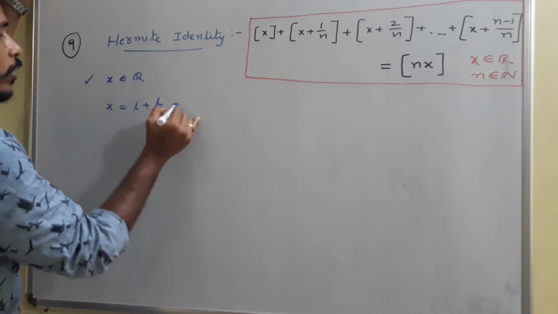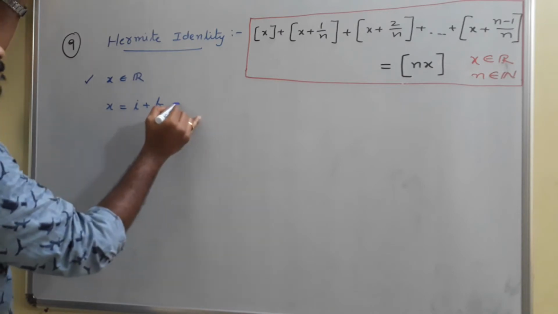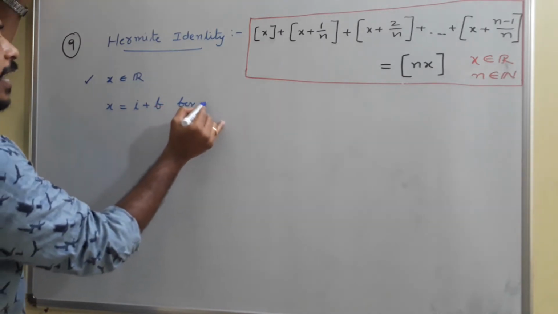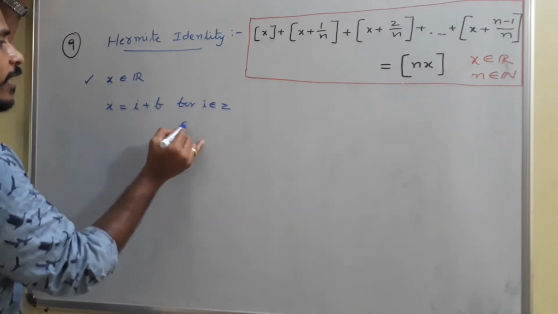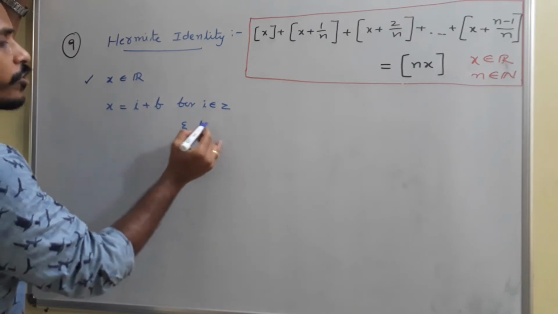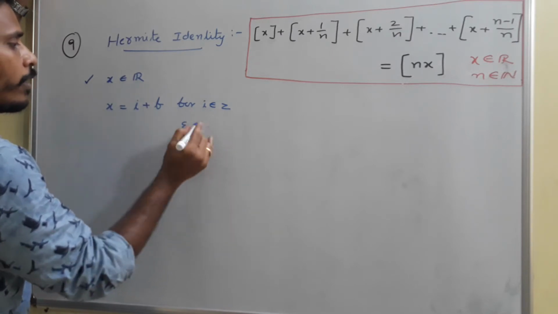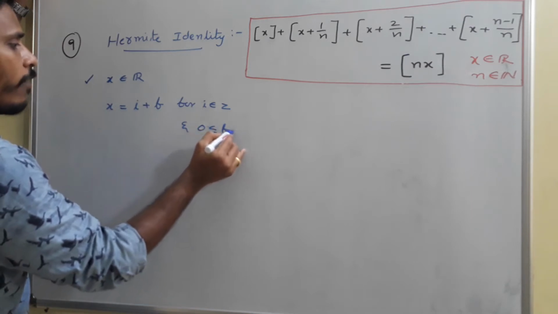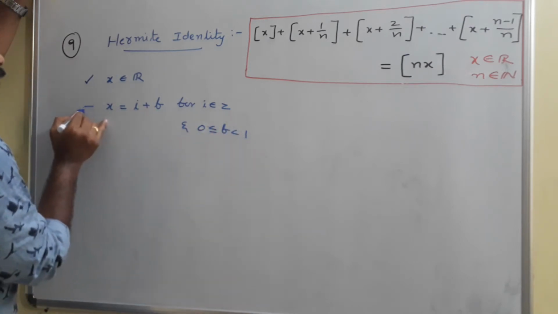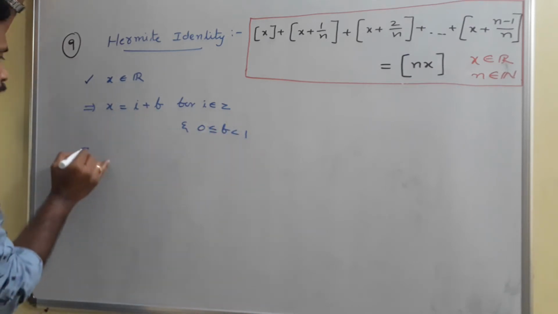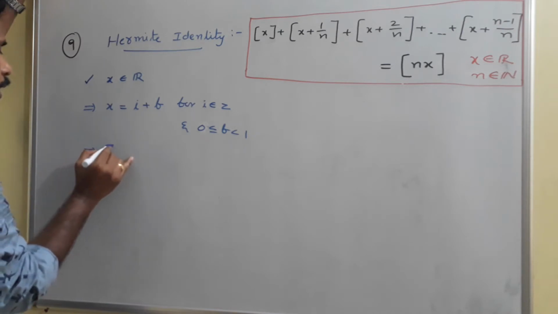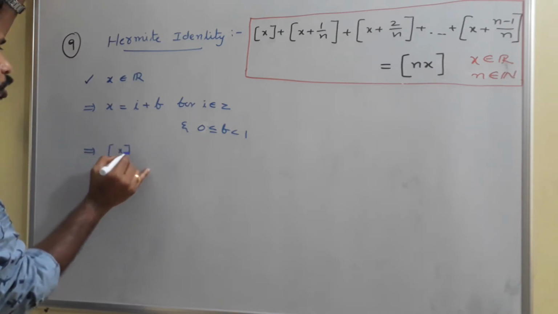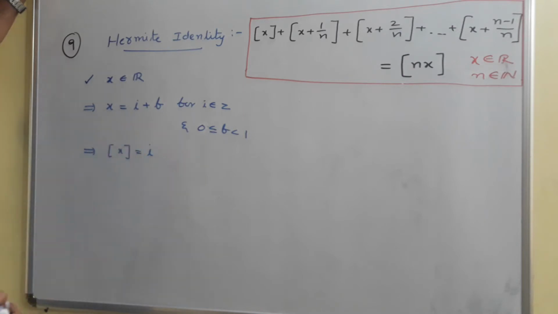And we know that x equals I plus f, for I an integer and f a number in between 0 and 1, that is, 0 less than or equal to f less than 1. We know it, right? And from that it is very clear that step x is equal to I, because it's the integral part.